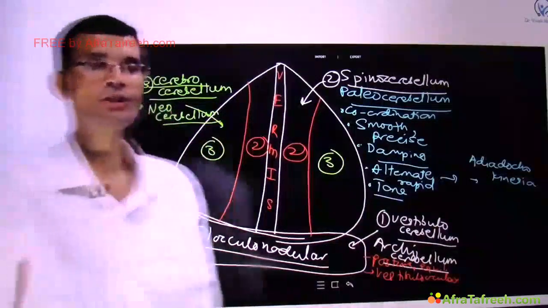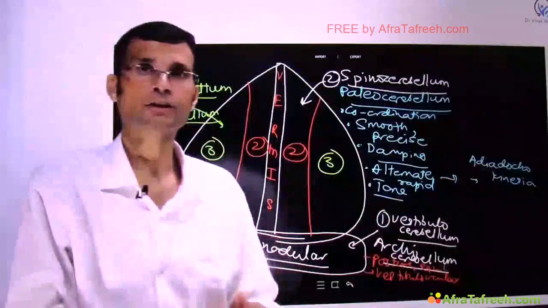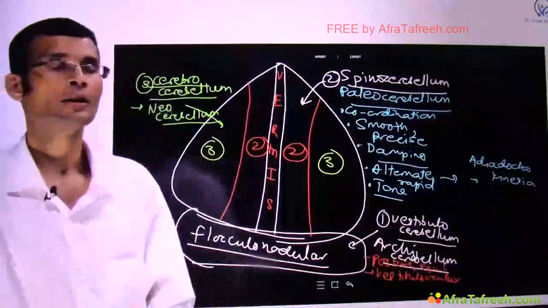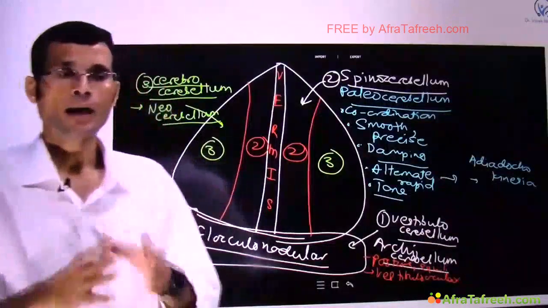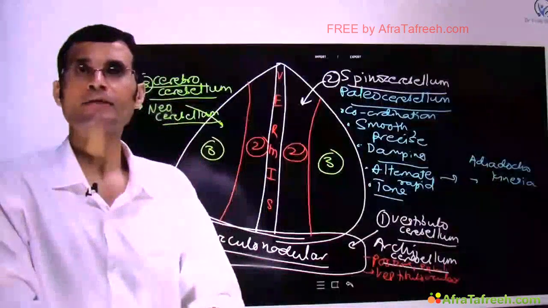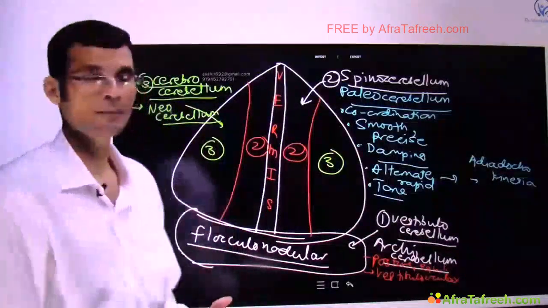Well, one function of the cerebellum is alpha-gamma coactivation. We will discuss this later when we discuss the lower motor neuron. But alpha and gamma motor neurons are simultaneously activated during a voluntary movement, and that's the job of cerebellum.